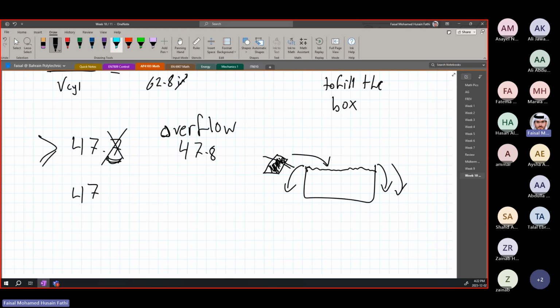But if you do 48, you are going to empty all of it and it will start overflowing. We want it not to overflow. So the maximum number of cups is 47 cups. Does that make sense? Any questions about this?